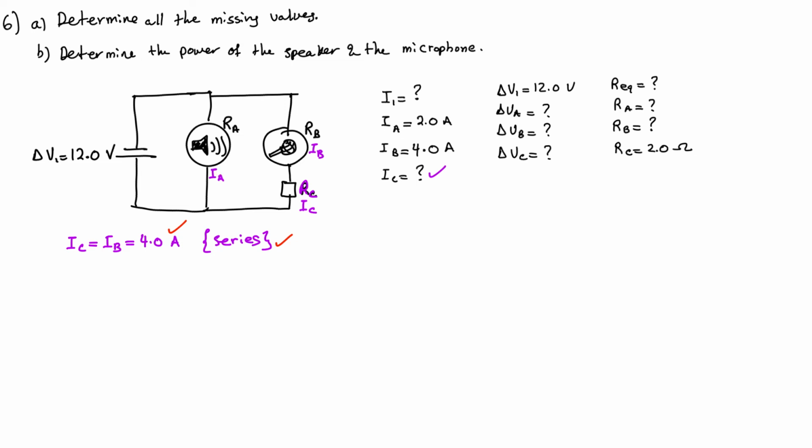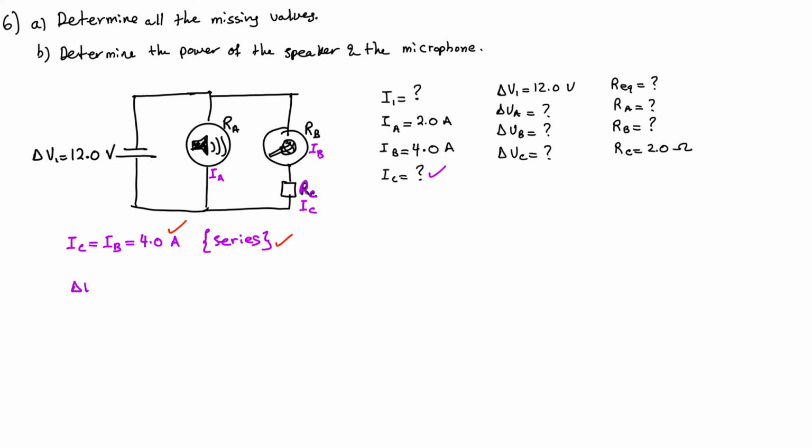Maybe with logic, I will find some other information as well, but so far I only have IA. For this one, I only have IB. For this one, I have two pieces of information. As soon as I have two pieces of information, I can find the third one. That's exactly what I'm going to do. That's how we usually solve the puzzle.